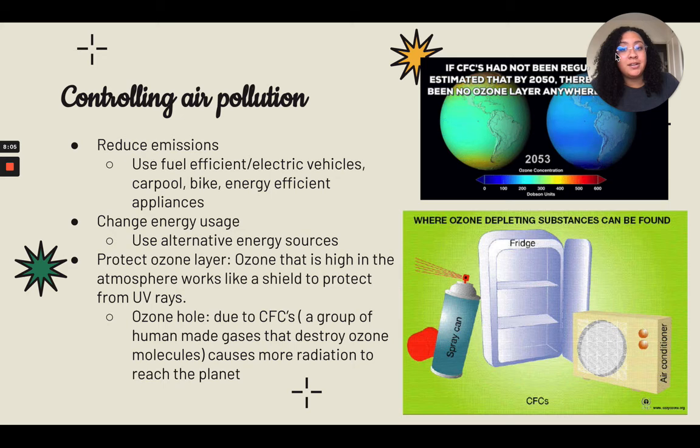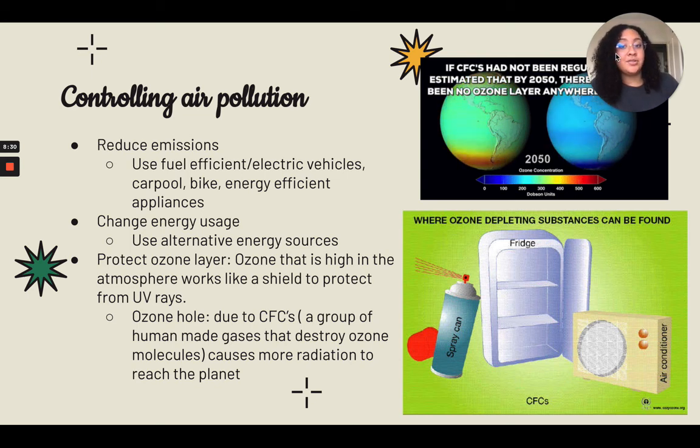And using energy-efficient appliances that limit their emissions. Okay. You could also change your energy uses. Again, you might use alternate energy sources, like solar power or hydroelectric power, or you might just use those energy-efficient appliances.